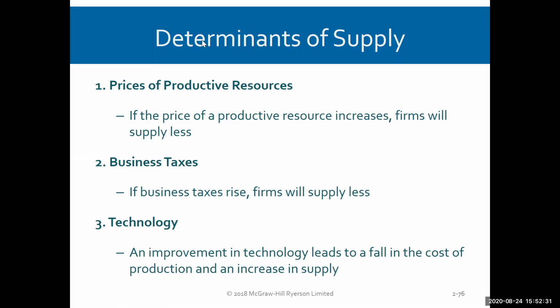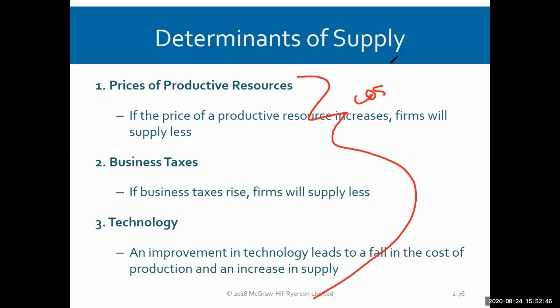So there's 6 broad categories of things that can shift supply. And remember, we've got our producer's hat on now. And these are all related. You can loosely tie them all to costs. So you think of the supply curve and the prices of productive resources.